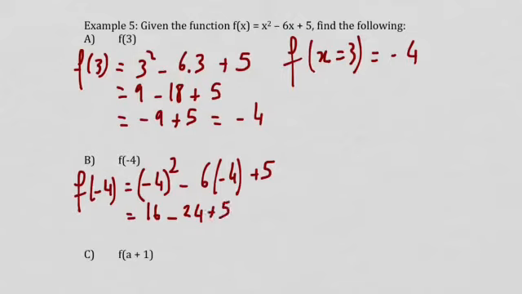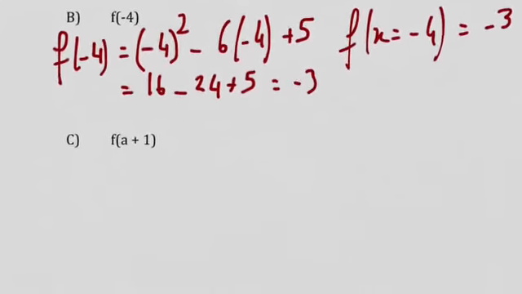Okay, and the answer is going to be 16 plus 5, 21, 21 minus 24, negative 3. F when x equal negative 4 equal negative 3.